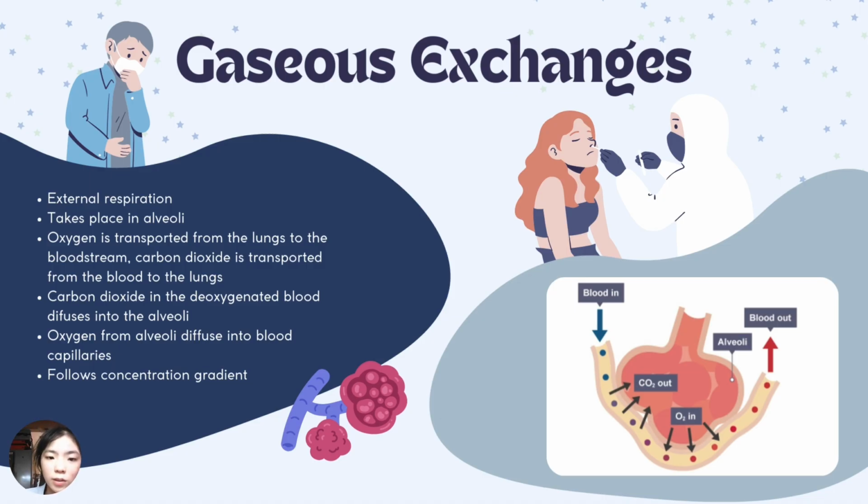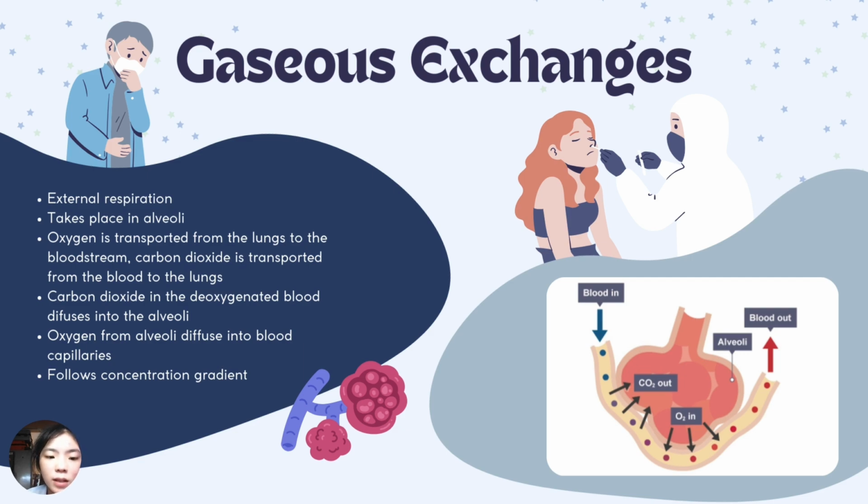The biochemical process in the lungs is gas exchange. It is external respiration which takes place in the alveoli. Oxygen is transported from the lungs to the bloodstream, while carbon dioxide is transported from the blood to the lungs.